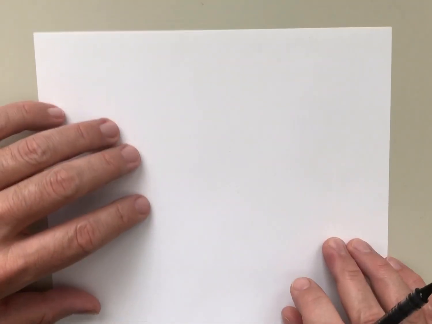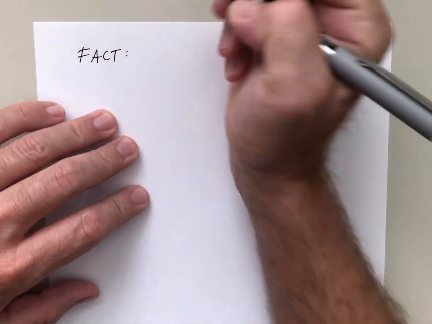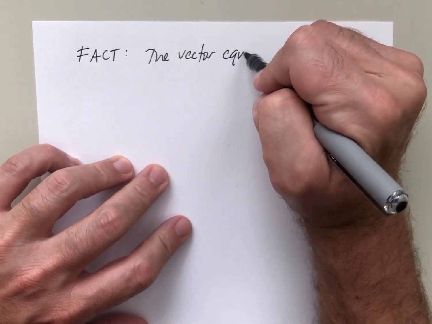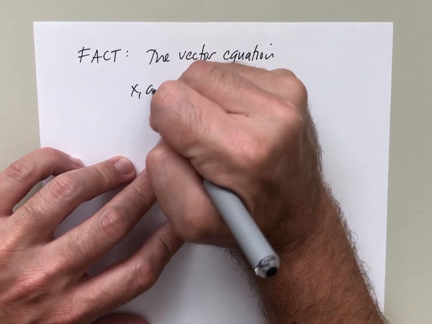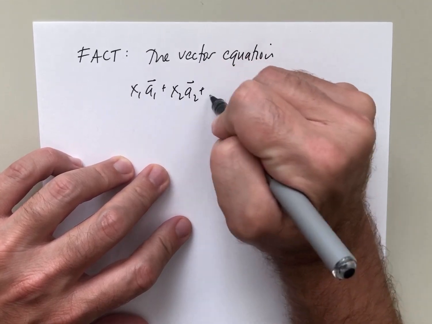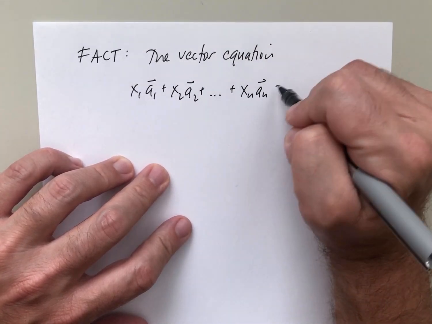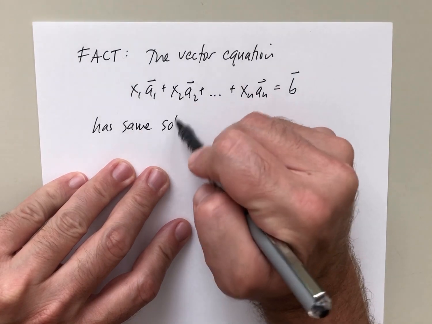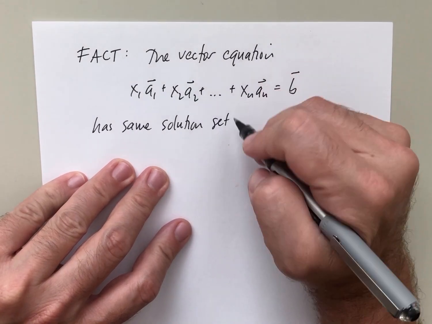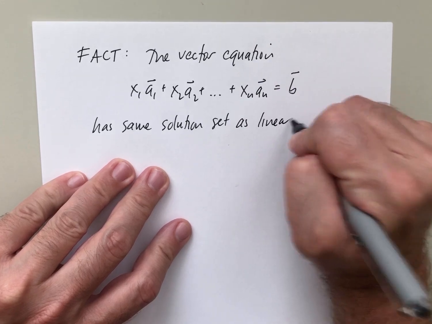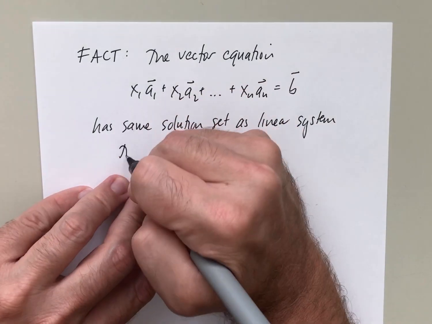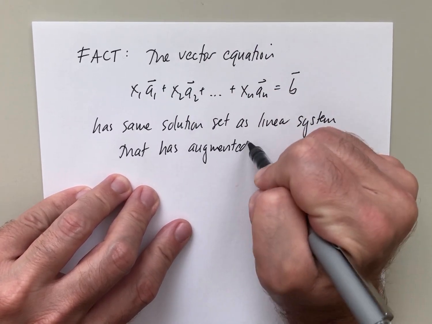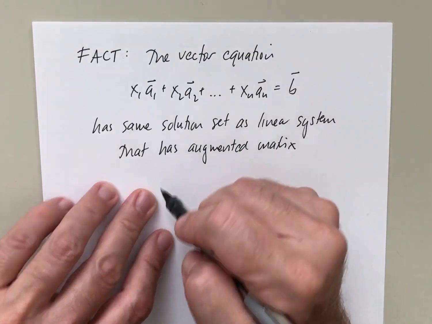The fact we've observed is that if you give me a vector equation, x1 times a1 plus x2 times a2 equals b, this has the same solution set as the linear system that has augmented matrix... So what was the augmented matrix?